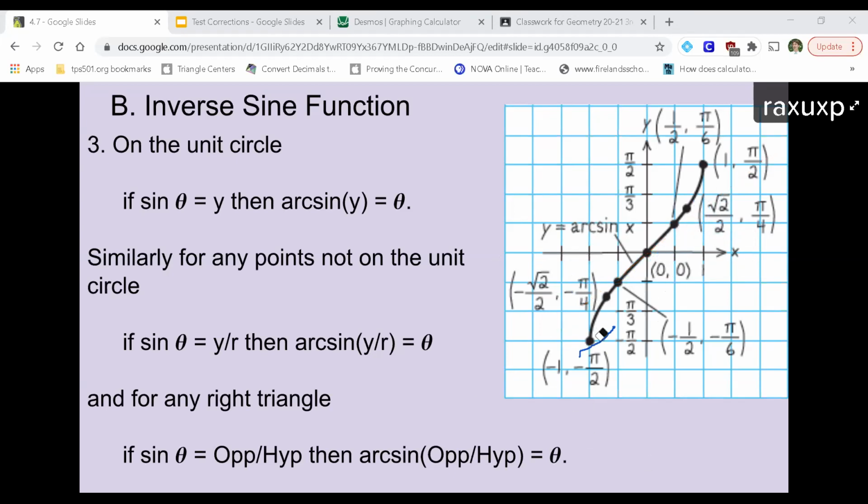An easier way to do it is really just to use your definition of what arc sine is, which again, I would make sure you write down. These three formulas are really important. So the idea here is if the sine of an angle gives you the y value on the unit circle, then the arc sine does the reverse of that. It takes a y value on the unit circle and it tells you the angle that makes it. Again, only for angles in quadrants 1 and 4.